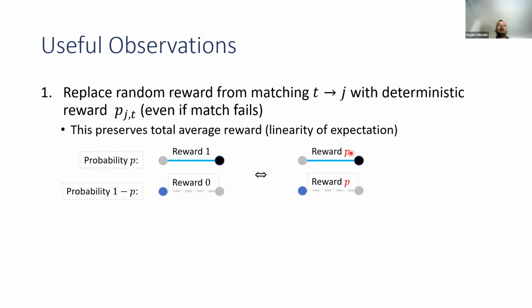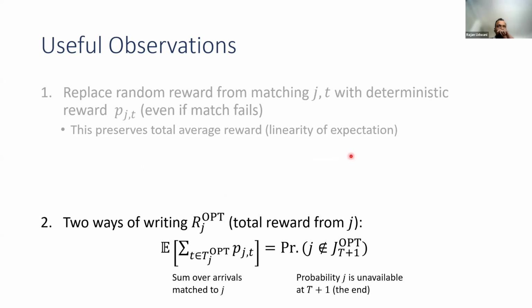Good. Okay. So using observation 1, here is another simple observation. If I want to write the total reward that OPT makes from resource J, I can write it one of two ways. So let's look at the right-hand side first. What is the reward that OPT gets from J? It gets a reward of 1 if it actually matches J successfully. So I can think of that as just the probability that J is unavailable at the end. So capital T plus 1 is the end. Everything is done.